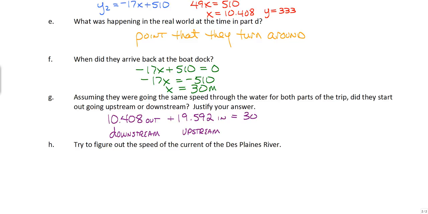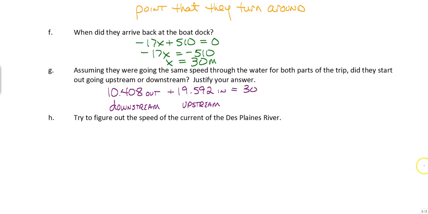So what is the speed of the current? That requires a good old-fashioned formula: distance is equal to rate times time. First we're going to calculate the out speed.